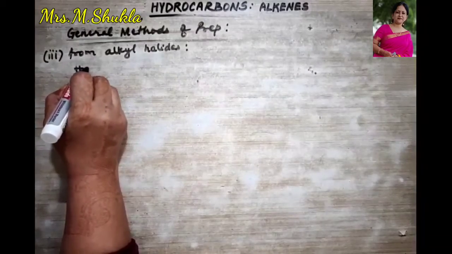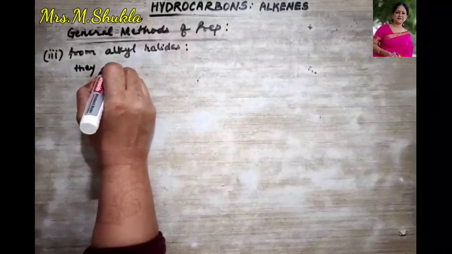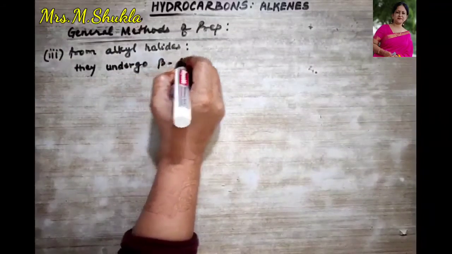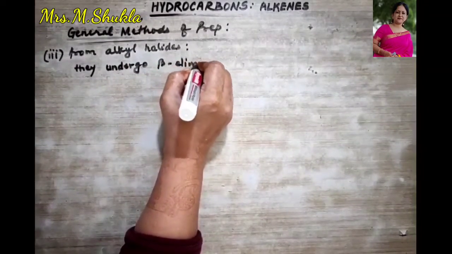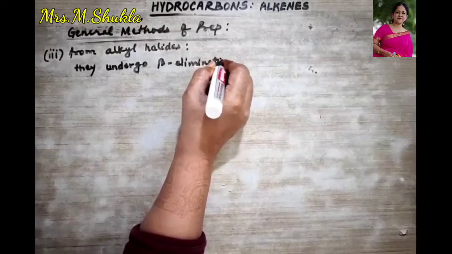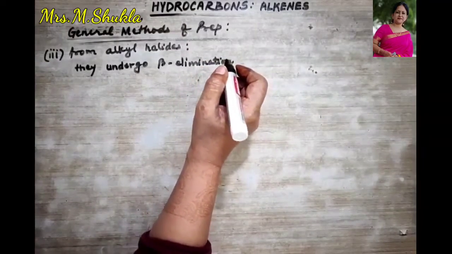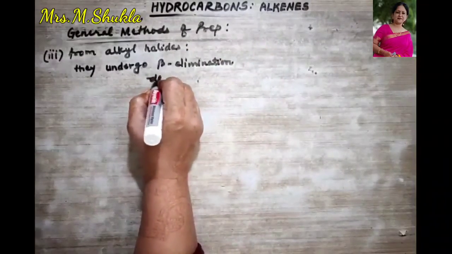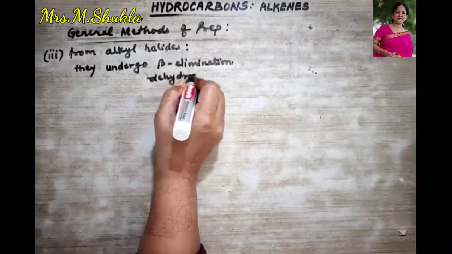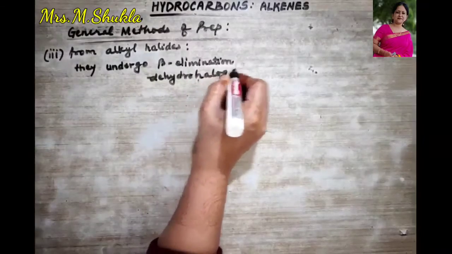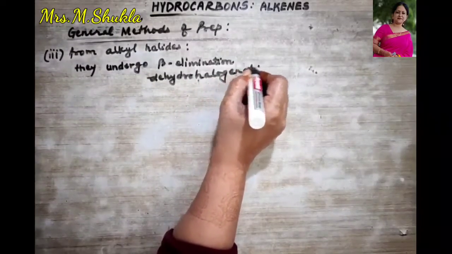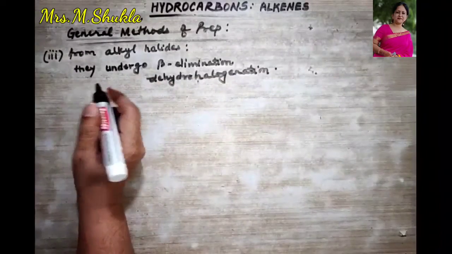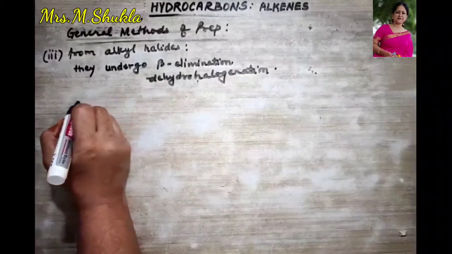They undergo beta elimination to give alkenes by which method? By dehydrohalogenation.